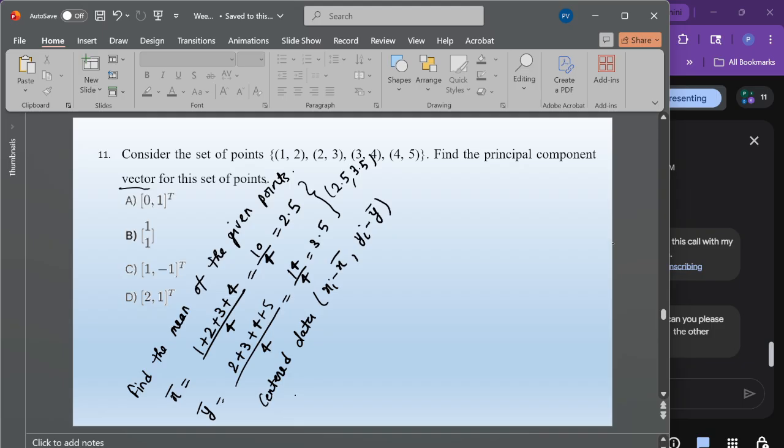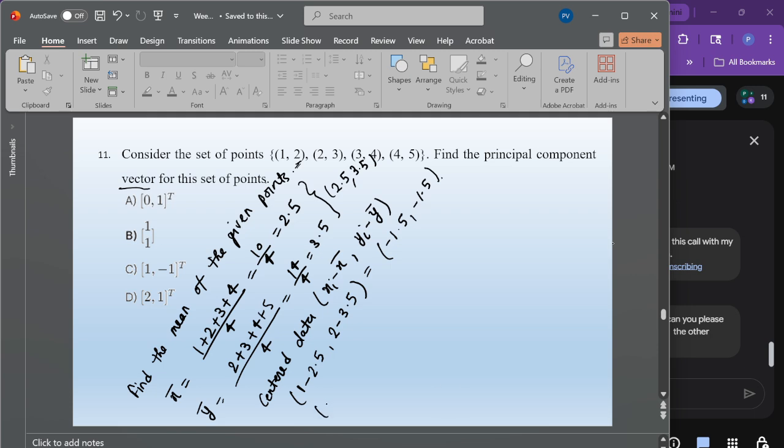For the first point, that is 1 and 2, we have 1 minus 2.5 and 2 minus 3.5. If you subtract, you will get minus 1.5 and minus 1.5.